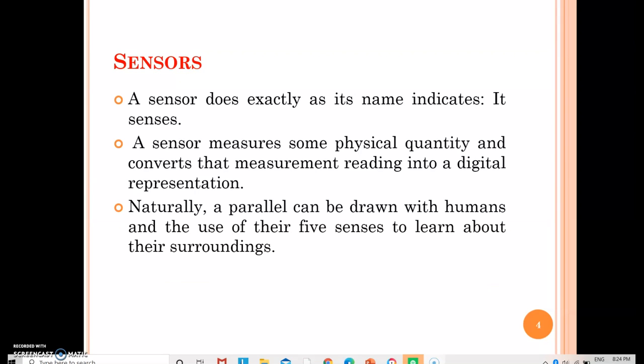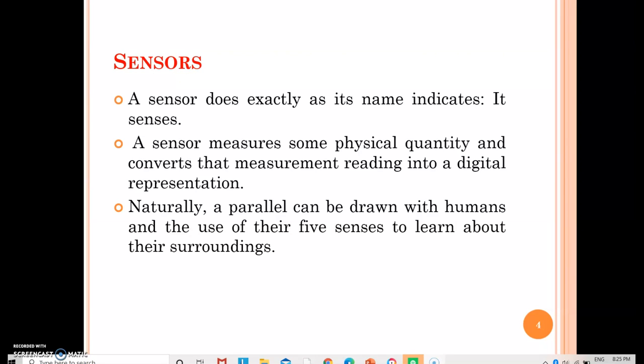That digital representation is typically passed to another device for transformation into useful data that can be consumed by intelligent devices or even by humans. Naturally, a parallel can be drawn with a human, where the human uses their 5 senses to learn about their surroundings.